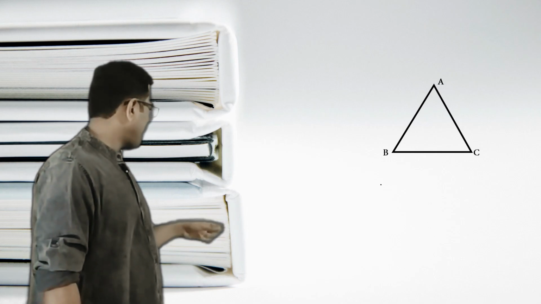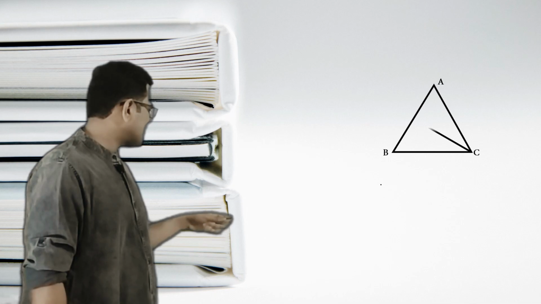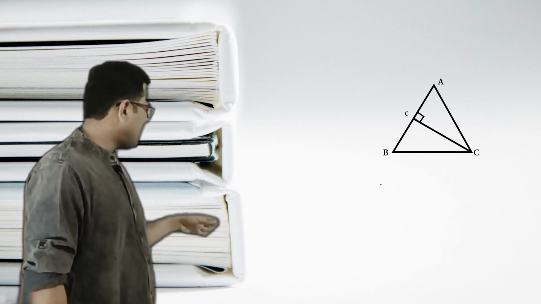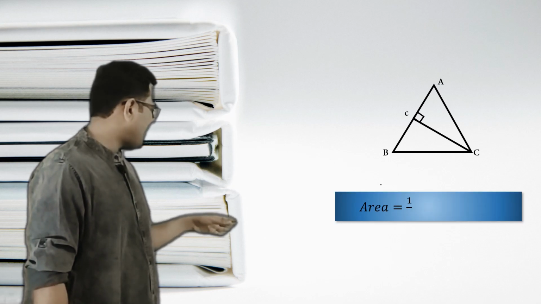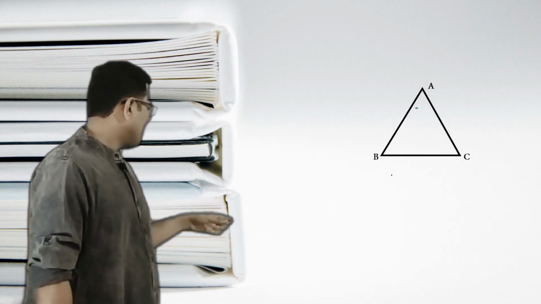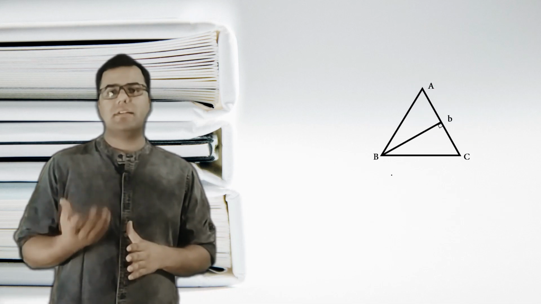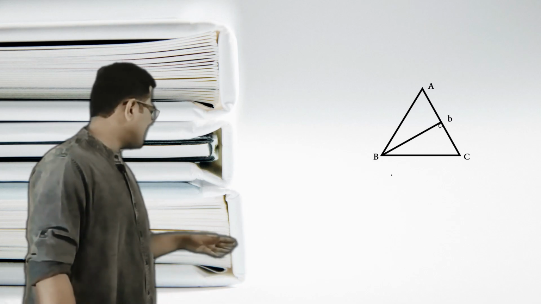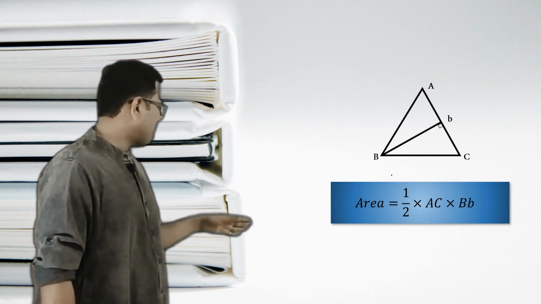Similarly, if I take AB as base, then CC' shall be the length of the height, and our area shall then come out to be 1 by 2 multiplied by AB multiplied by CC'. Similarly, if I take AC as base, then BB' shall be the length of the height, and our area shall then be 1 by 2 multiplied by AC multiplied by BB'.